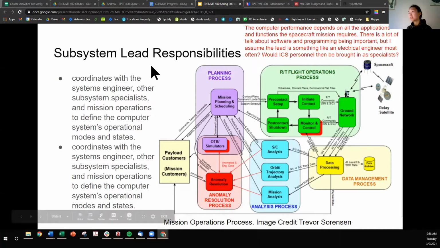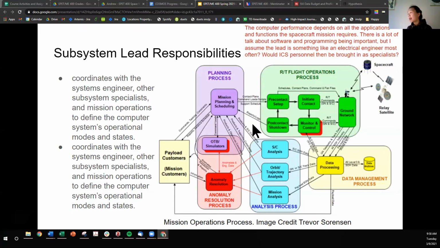So here we see a mission operations process that was put together by Dr. Sorensen. So we do have the spacecraft that is actually doing the science mission, but there is a ton of coordination, not only in the planning process, but in the flight operations process, between the payload customers, the stakeholders like us, and the spacecraft engineers and mission operation folks.